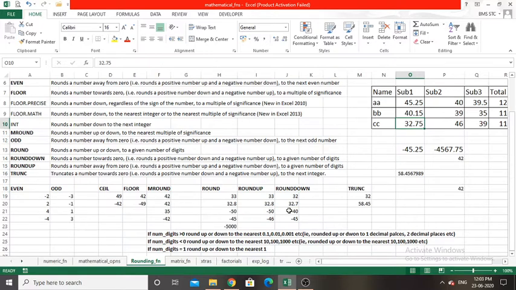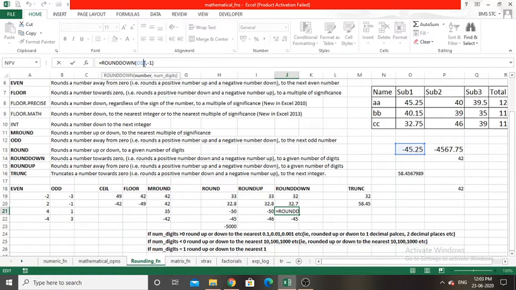Okay, so the next one is round down of a negative number along with a negative num digit. So by considering the second behavior, it will round down to the nearest 10. So 45, what is the nearest down of 45? Which is 40, right? Why does it not take 50?